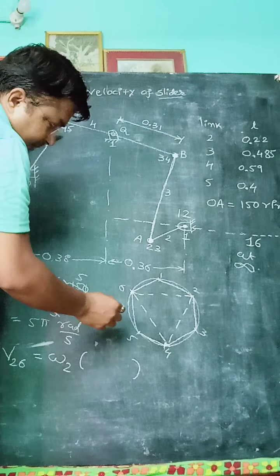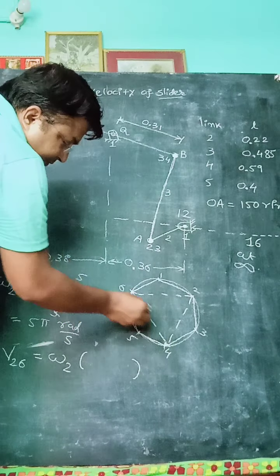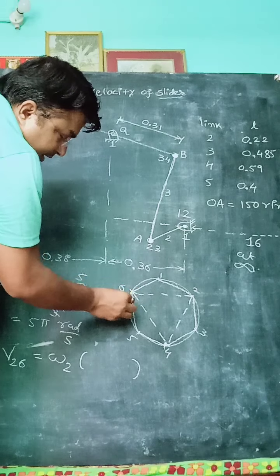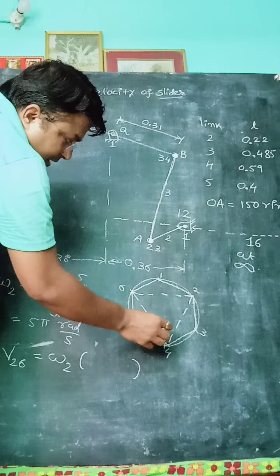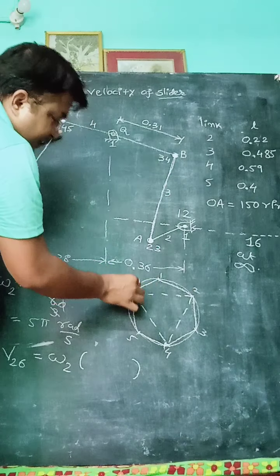That is the other triangle, for this one it is 2 4 and 2 6.